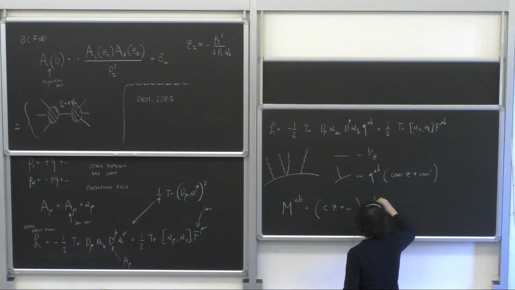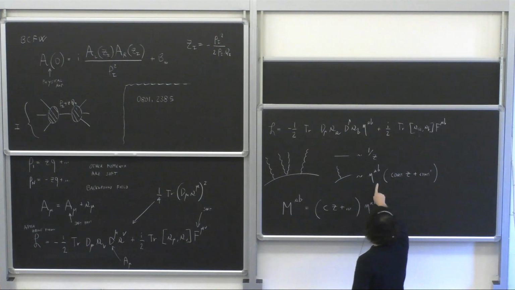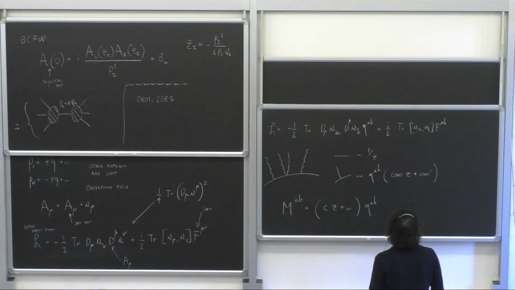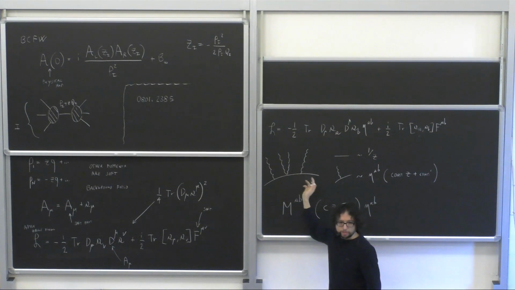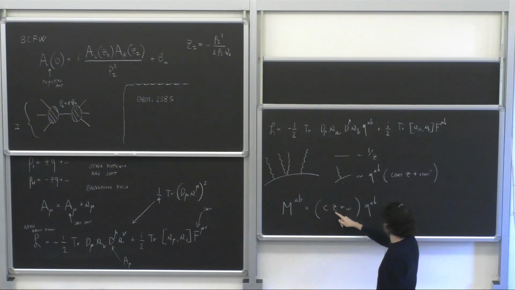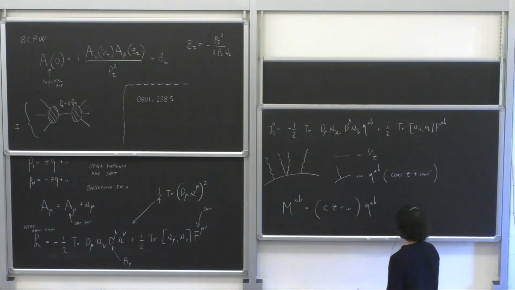How do you get the term which grows like z? Well, all the vertices need to be of this kind, right? Because then you would have one more vertex than the number of propagators, and you would end up having a term which grows linearly in z. So this is a term which we want to kill in the final amplitude, so to speak.